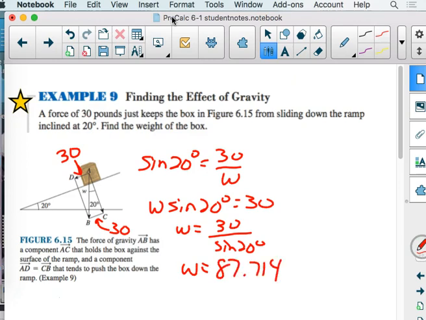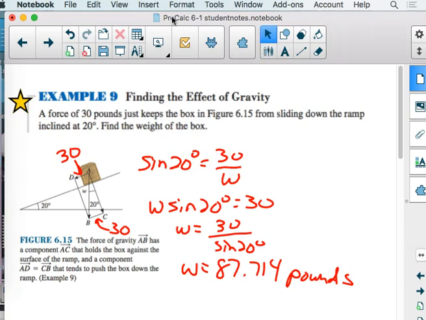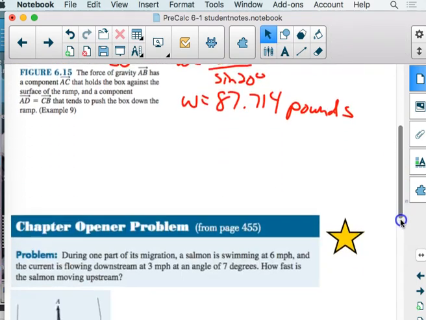And then we better label it 87.714 watts. Pounds. Yep, that's the weight. So that was a lot easier than the airplane problem. Basically, they gave us the picture, which is great. And I believe in the homework, because I don't remember this homework taking particularly long, it's the same kind of thing when you get the picture and everything's all laid out for you. Now this one.